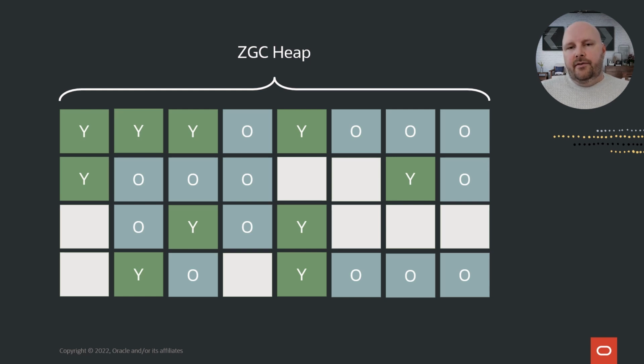Some of them are assigned to the old generation, some of them are assigned to the young generation, some are currently unused. And keep in mind, this is just a snapshot here. This is not a static assignment. Heap regions can change from young to old or free during runtime.